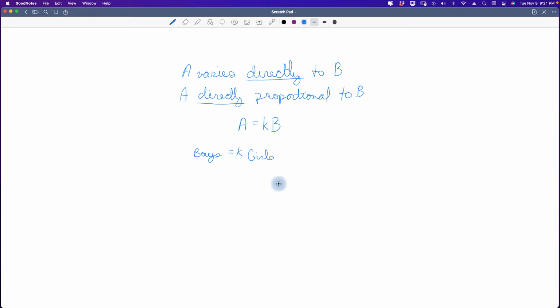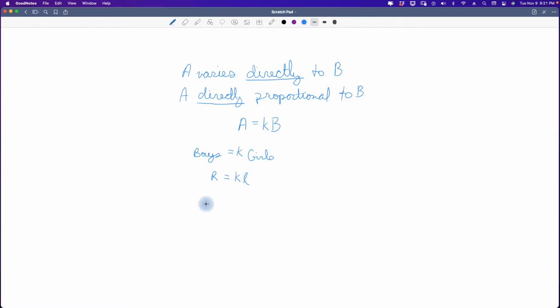Or I could say the resistance, we'll just call it R, is directly proportional to length. You could see how that is kind of the standard whenever you hear the word directly. It's equals K times B.